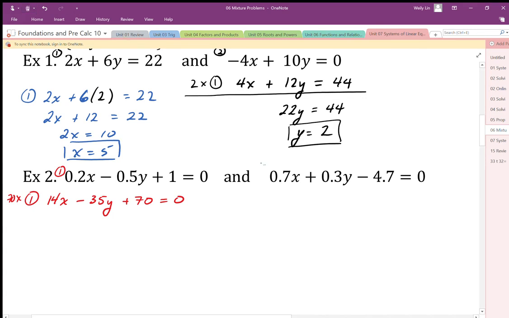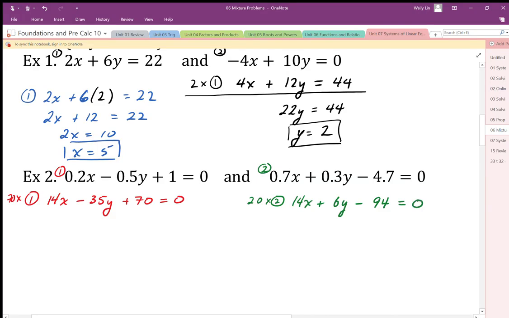Then equation 2, I'm going to multiply by 20. So 20 times equation 2 yields 14x plus 6y minus 94.